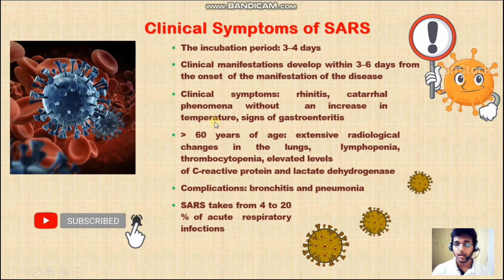So what is rhinitis? Rhinitis, otherwise called a stuffy nose, is an inflammation and swelling of the mucous membrane of the nose characterized by a running nose and stuffiness, usually caused by the common cold or seasonal allergy. But in the case of SARS-CoV, it is also an important symptom.